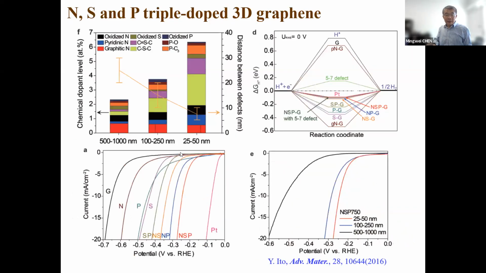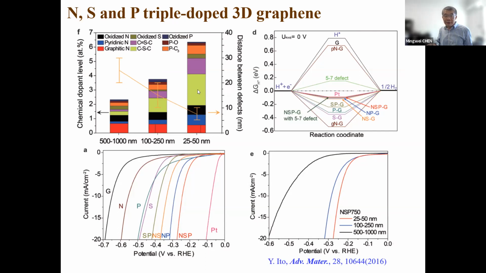Indeed, we noticed that when we tune the pore size from micron to tens of nanometers, the foreign element doping concentration can be dramatically increased, even with the same CVD growth conditions. Simply because you get curved graphene, you get a more defective structure. Also, when you change the curvature, you change the ratio of the local configurations of the chemical dopants within the graphene lattice.